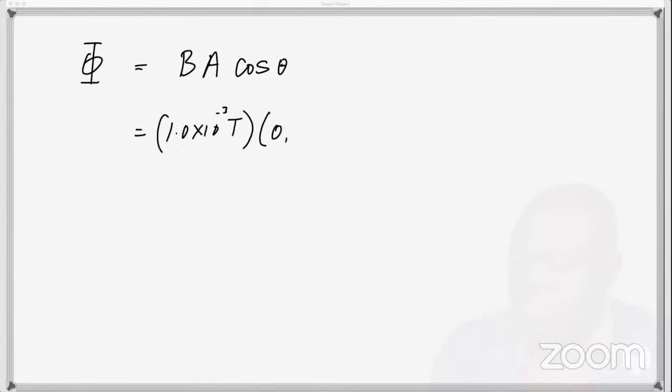A is 0.0200 meters squared. And the angle is 180 degrees. So somebody work this out and tell us the answer. Everyone plug this into your calculators. Let's see if everyone gets the same answer.